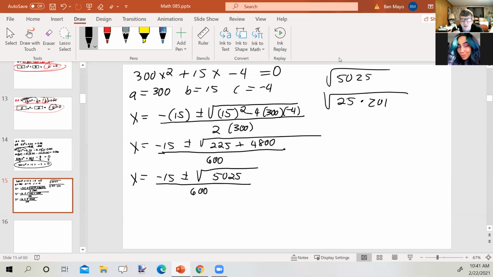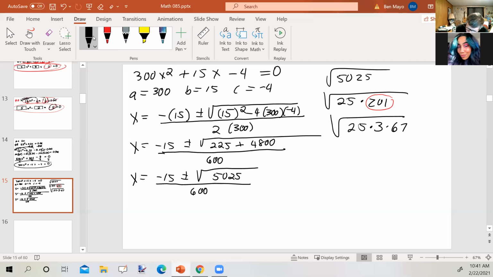But remember how you tell if 3 goes into a number? If you add up the digits, if the sum of the digits is divisible by 3, the number is divisible by 3. Well, 2 plus 0 plus 1 is 3. 3 goes into 3. So basically, I could factor this down to 25 times 3 times, let's see, 201 divided by 3 is 67. 67 is prime.